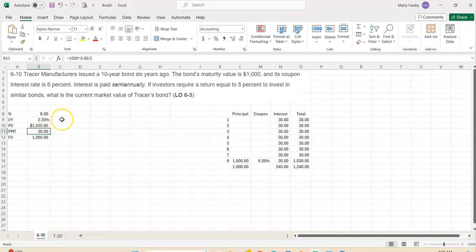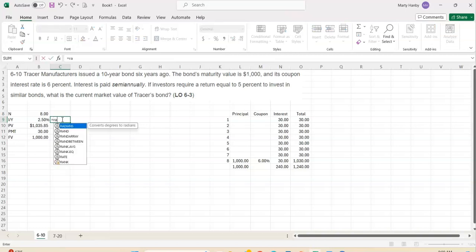Now I can use this information to calculate the yield to maturity, which I already have; I know the yield to maturity is 5%. But if I didn't have the yield information, I'd use the rate function.